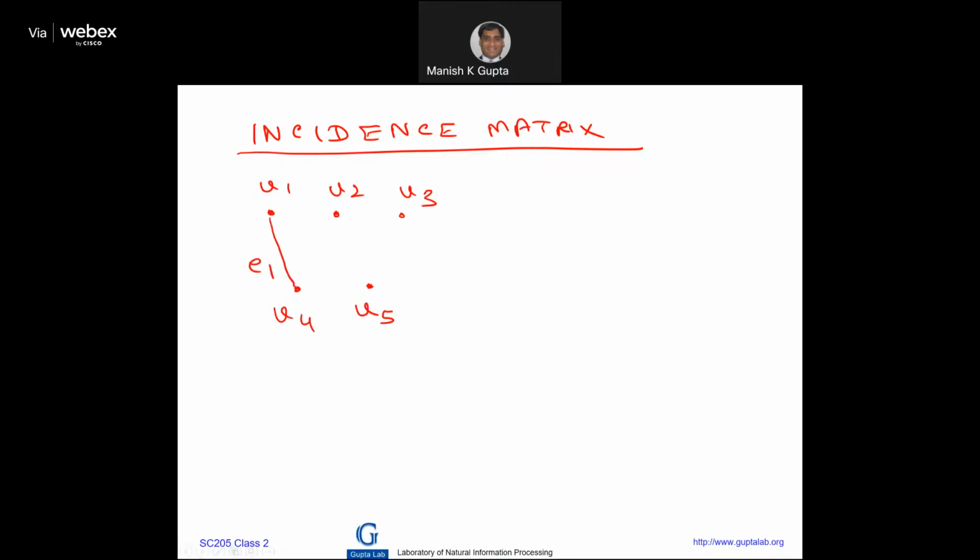This edge is E1, E2, E3, E4, E5, and E6, all 6 edges. This is an undirected graph.